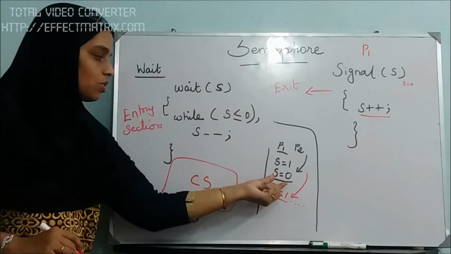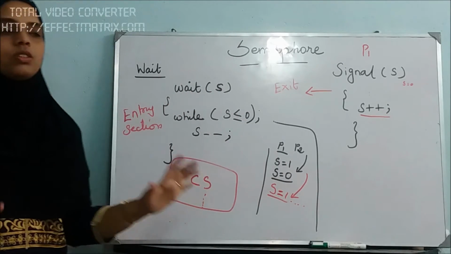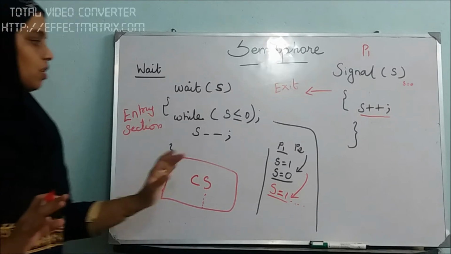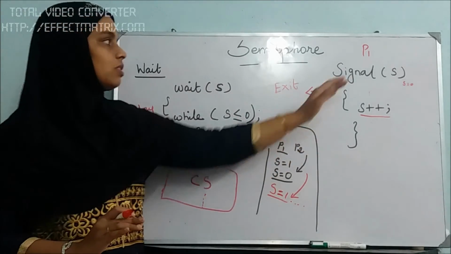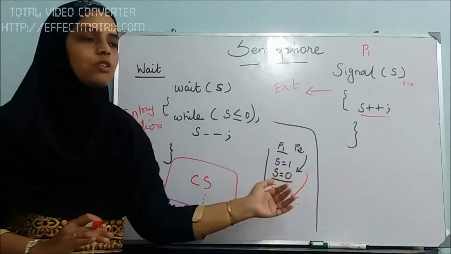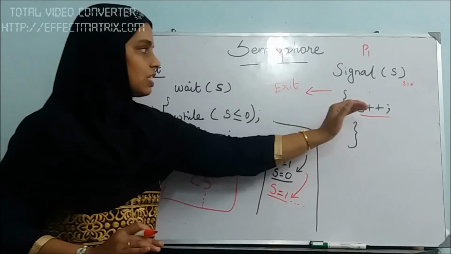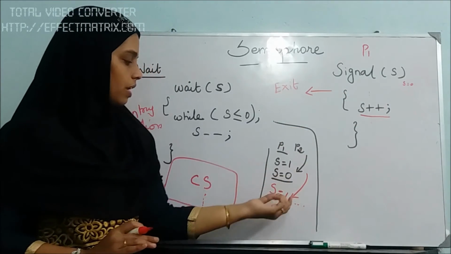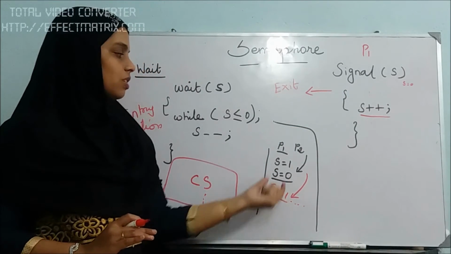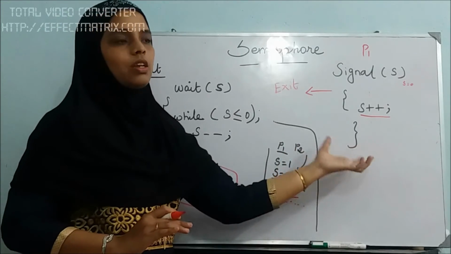When s changes to 0, no other process can enter the critical section. Once P1 has completed its execution, it gives the chance to another process, P2, so signal of s increments the value. Then the s variable is assigned to P2, P3, up to Pn, and so on.